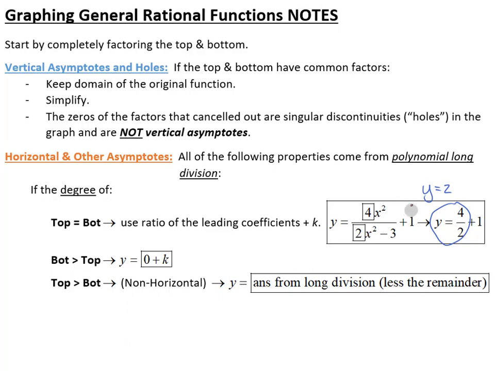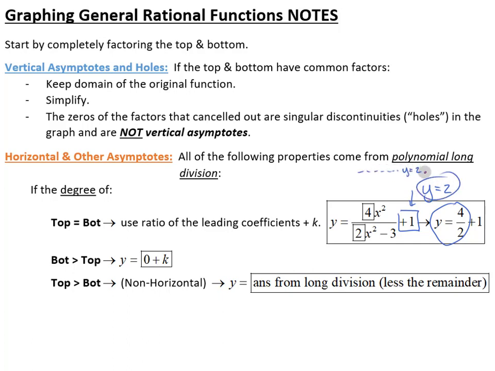Okay, however, sometimes they're going to put in this plus 1 or some kind of k value after my function, right? Remember with a, h, and k always shifted my graph vertically. Well, this plus 1 does the same thing. It moves my graph up, all of my points up 1 vertically, including this horizontal line at y equals 2.